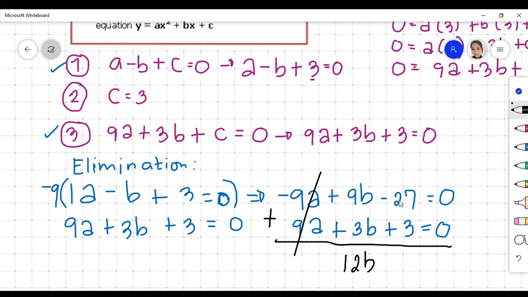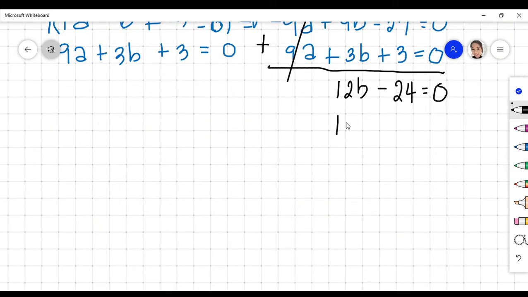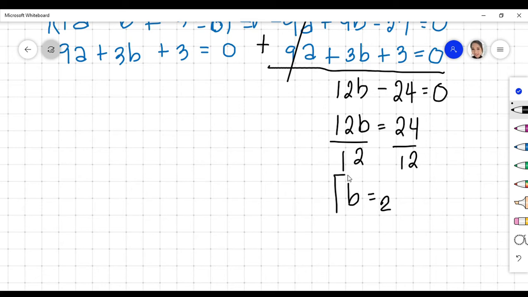And then negative 27 plus 3, that is negative 24 equals 0. So 12b, we will transfer negative 24 to the other side, so that is equal to positive 24, and then divide 12 on both sides. So 12 divided by 12, that's 1, so 1b or b equals 2. So my b is equivalent to 2.